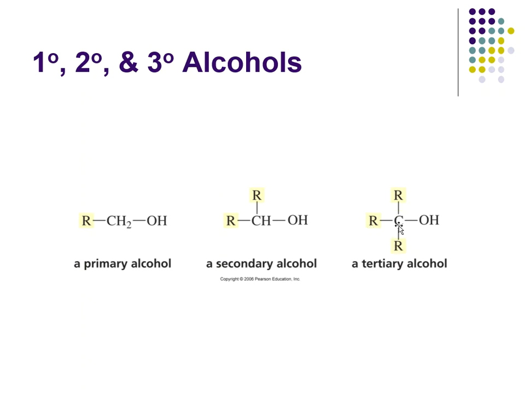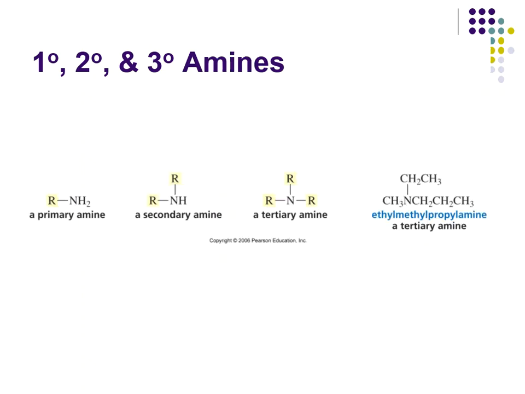So that's a tertiary carbon, which makes this a tertiary alcohol. Amines, once again, are different. The amine group, NH2, that's attached to one carbon, that's primary. Take off a hydrogen, replace it with another carbon, that's a secondary. And take that hydrogen off, replace it with another carbon, and that's a tertiary.